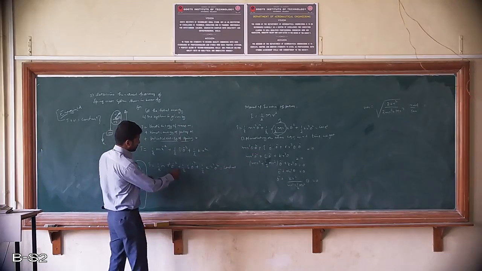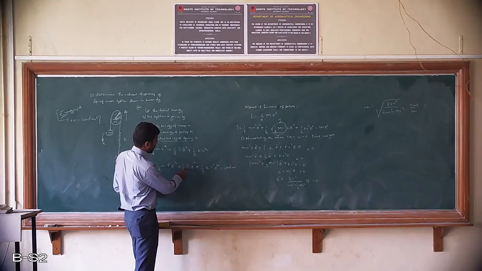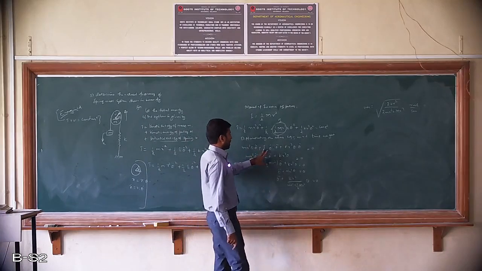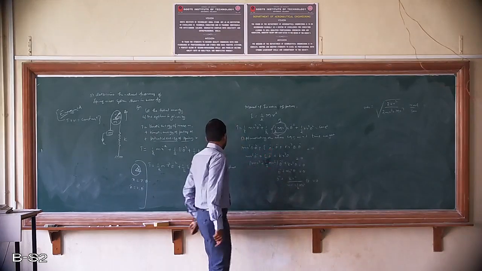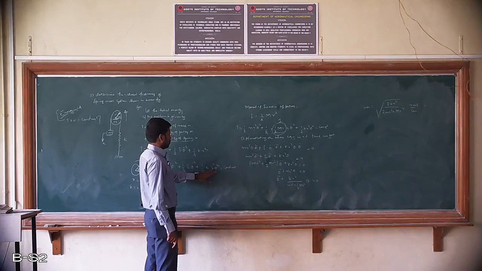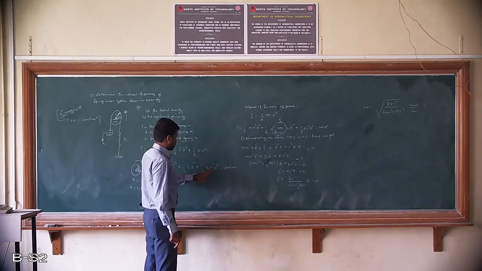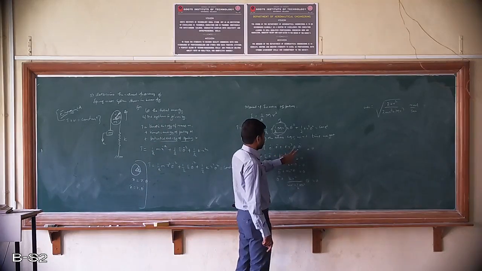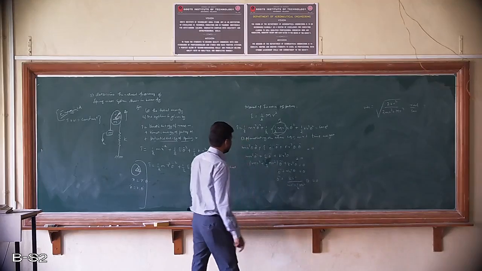Then the differentiation of half into I into 2 into theta dot into theta double dot: the 2 and 2 cancel, and the remaining term is I into theta dot into theta double dot. Then next, half into k into r square into 2 theta into theta dot: the 2 and 2 cancel, so the remaining term is k into r square into theta into theta dot, equal to 0.